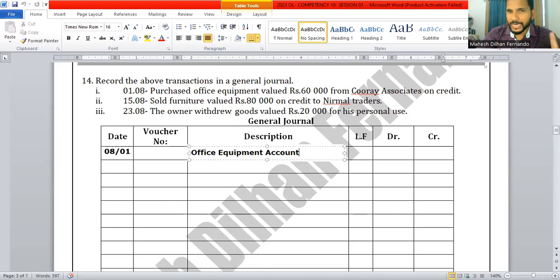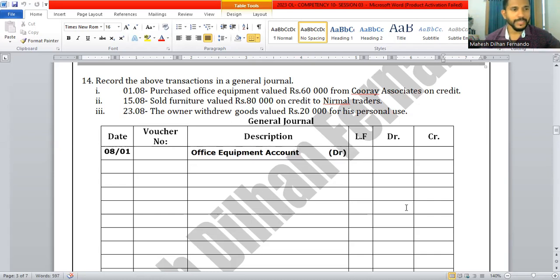Additions. Listen carefully, Duniti. This is the general journal. In the description column, on the right-hand side, in front of the debit entry, you have to write DR, that is debit. Don't write anything more than that.